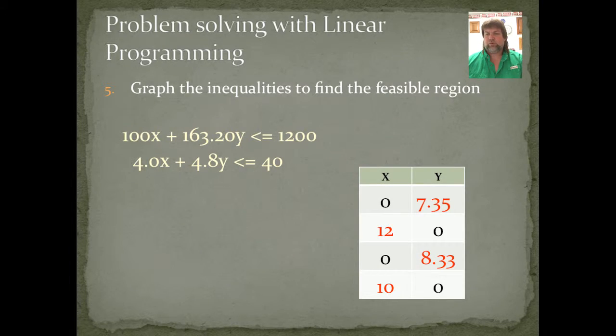When we do this, we find that when x is 0 in the first inequality, y will be 7.35, and when y is 0 in the first inequality, x will be 12. Then in the second inequality, when x is 0, y will be 8.33, and when y is 0, x will be 10.